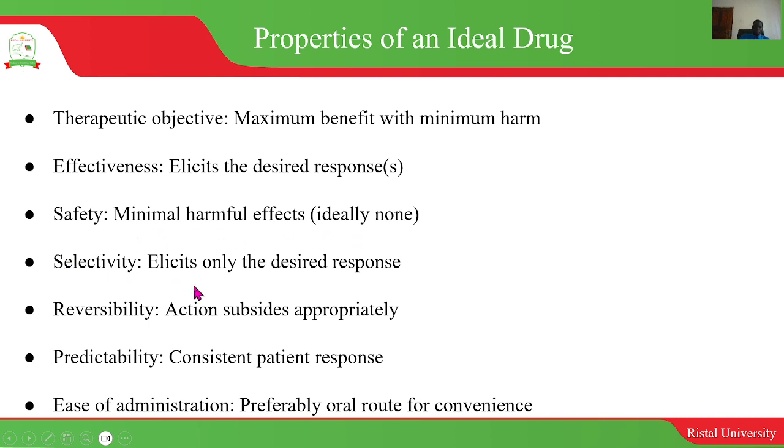Selectivity: it elicits only the desired response. If we are giving an antimalarial to an individual, it should only treat the malarial parasite that's in the body, and not cause other different responses that we do not intend in the human body. So it should be selective to what it's intended to do.